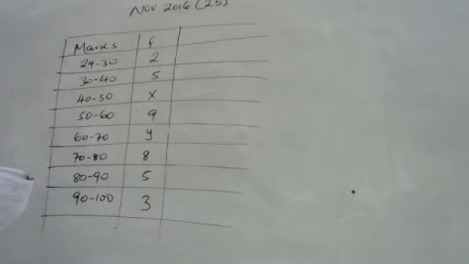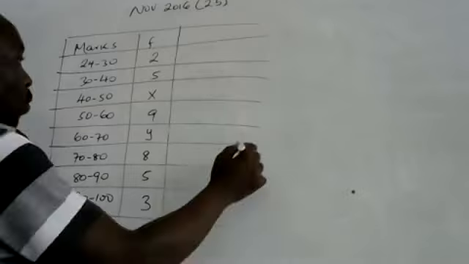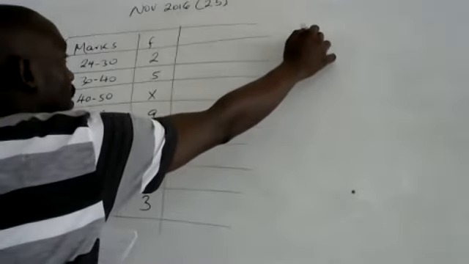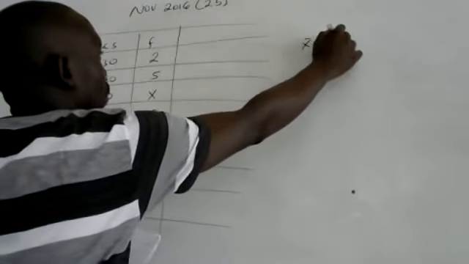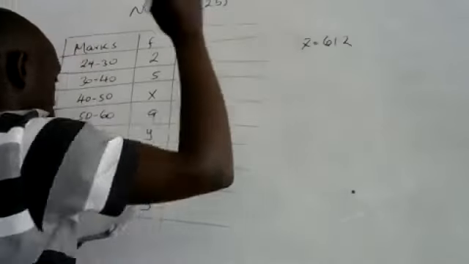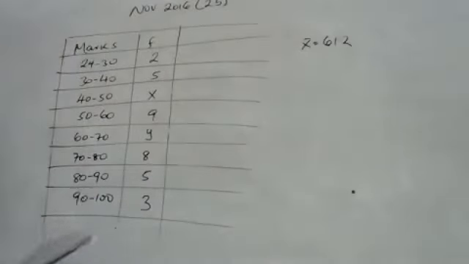The question says to determine the values of X and Y, given that the mean of the distribution is 61.2. Remember, we have been given our X bar, 61.2.